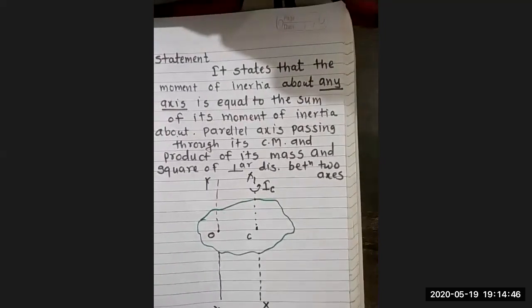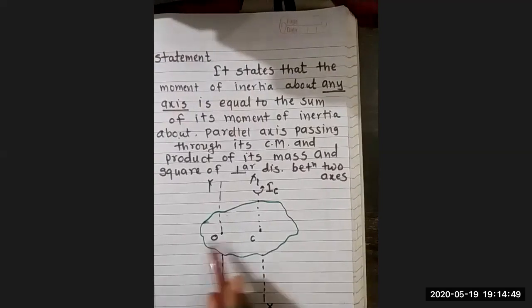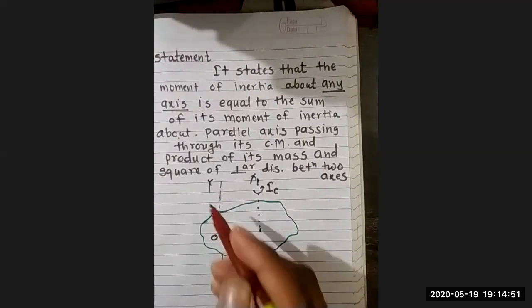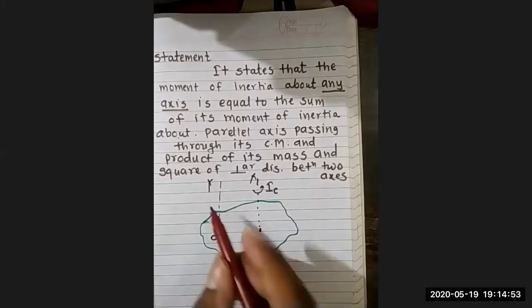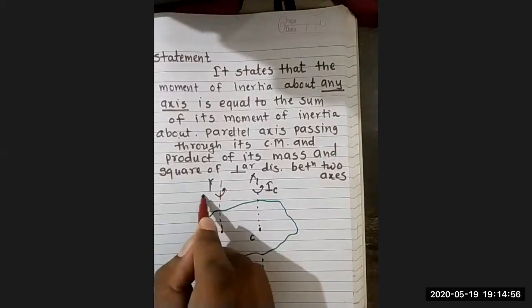Here we have two axes. These two axes are parallel to each other, and we want to calculate the moment of inertia about this axis, which I am going to denote by I-O.